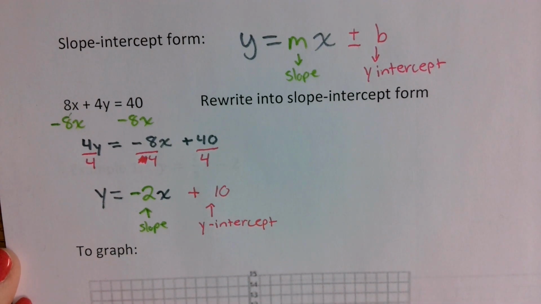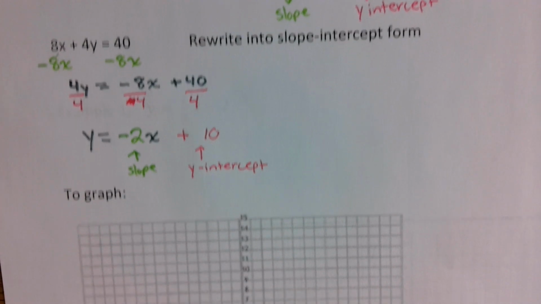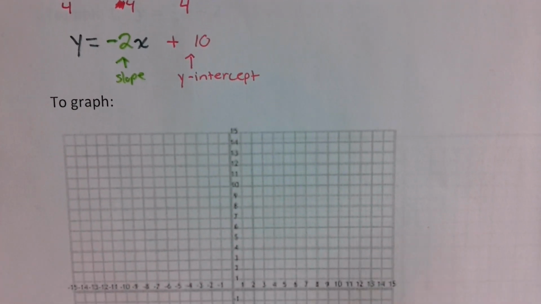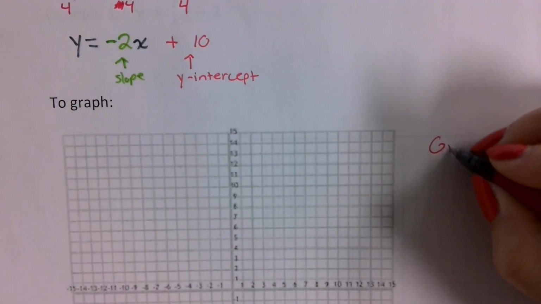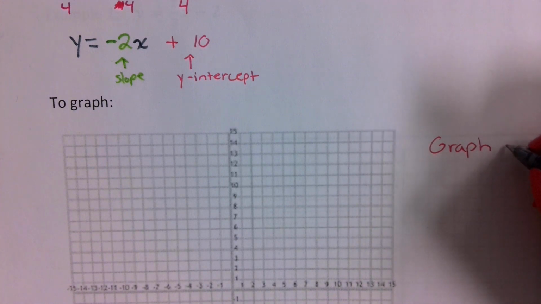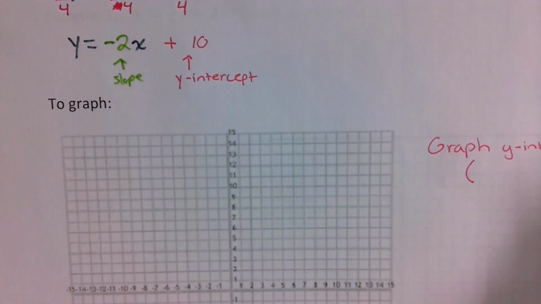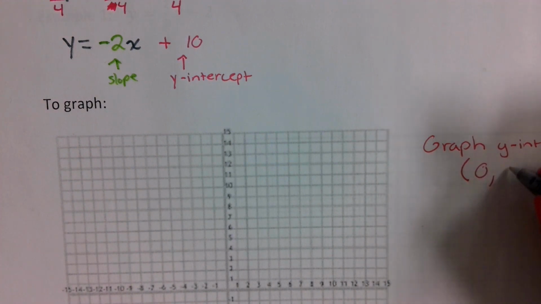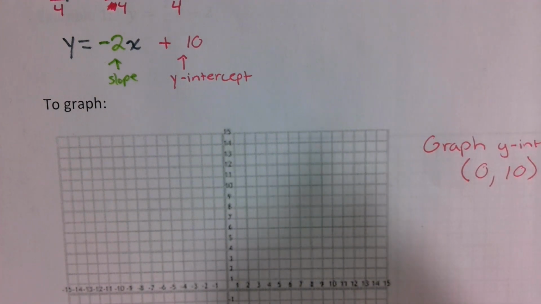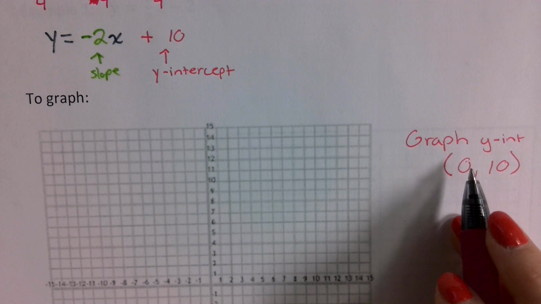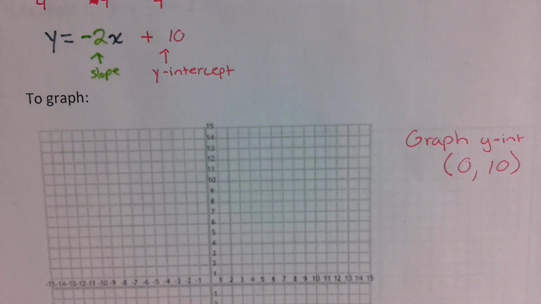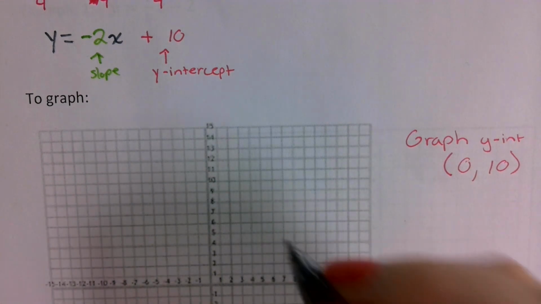Once we have our slope-intercept form written, we can go ahead and graph it. Remember, we always start by graphing the y-intercept first. So we're graphing it at the point (0, 10). The y-intercept is when your x value is 0, and you're crossing the y-axis at the point 10.